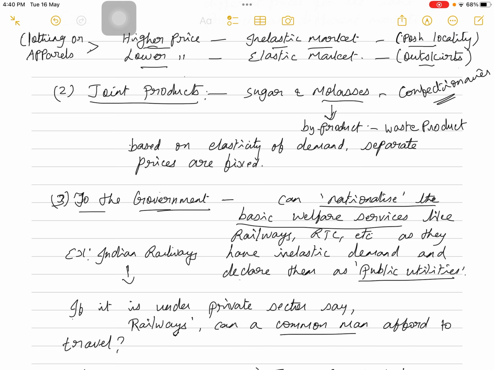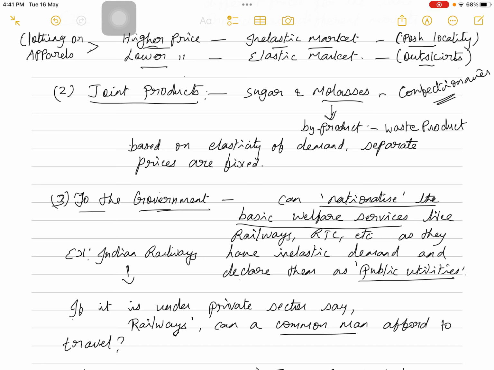So for both sugar as well as molasses, separate cost cannot be calculated. So in order to determine the price for both sugar and molasses, we depend upon the elasticity of demand for the final product. If the final product derived from sugar and molasses has elastic demand, then the sugar and molasses can be sold only at a lesser price.